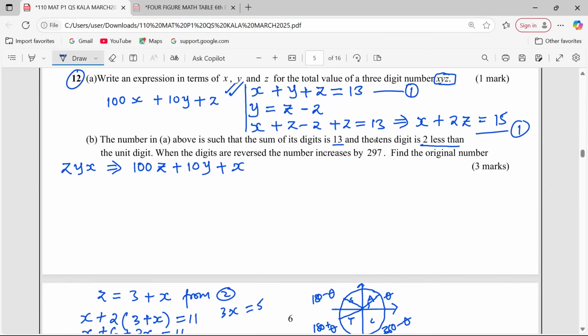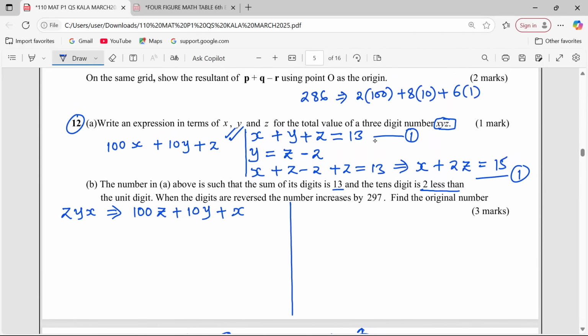So what equation are we forming here? We are forming an equation that says, if we take the new number and subtract the original number, we are supposed to get 297.